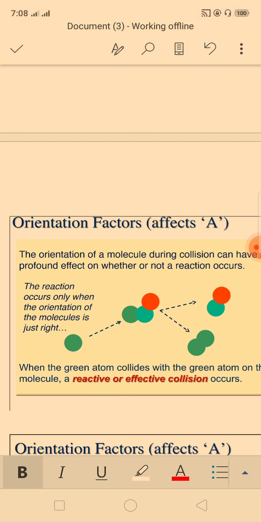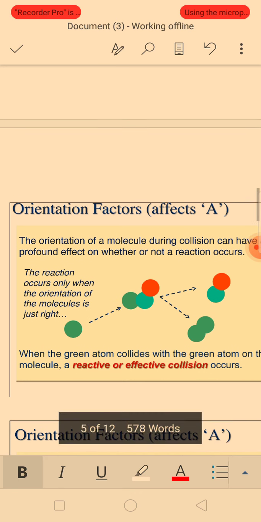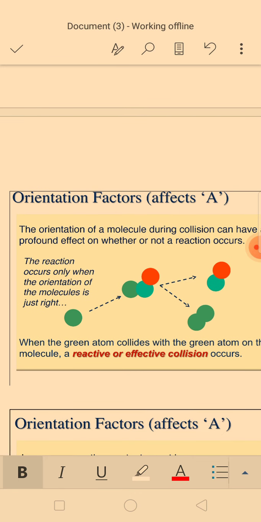Either ineffective or effective collisions occur, and the reaction can take place. Generally, the reaction occurs only when the orientation of the molecules is the right one.